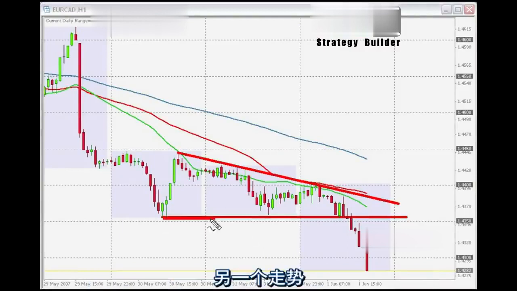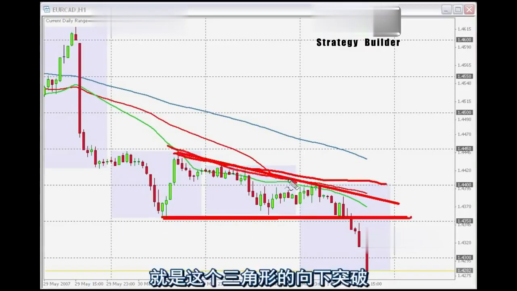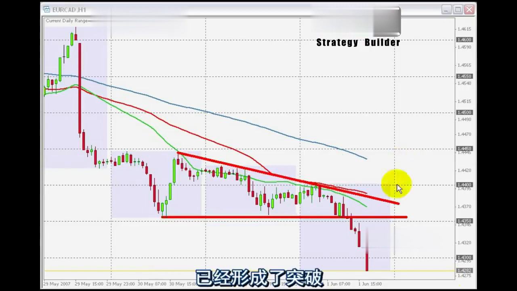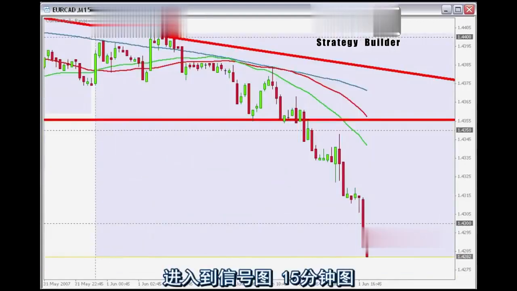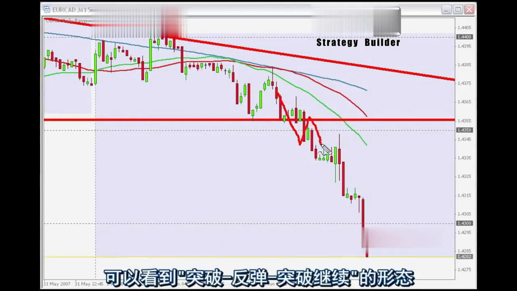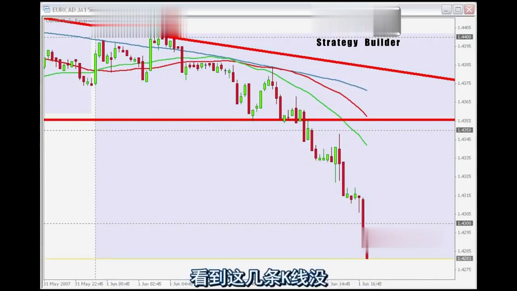The second one was a breakout of this triangle in the direction of the trend to the downside. I zoomed into the trigger chart, the 15 minutes chart, and we got the breakout, the pullback, and the continuation right there. You see this green bar.